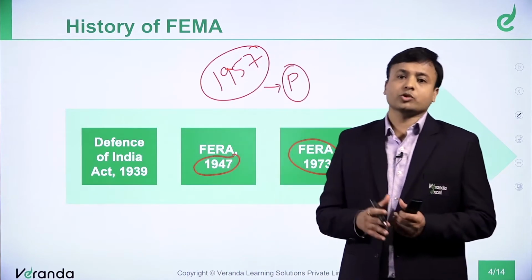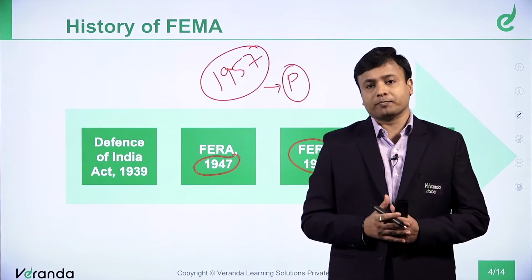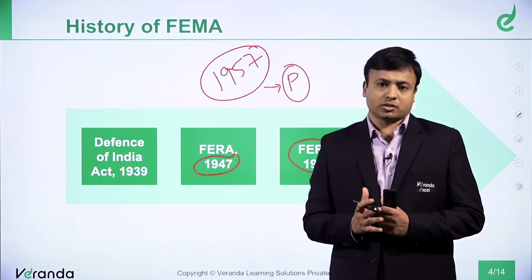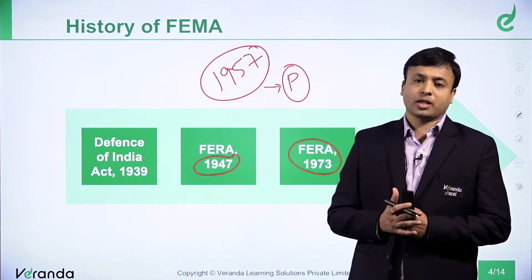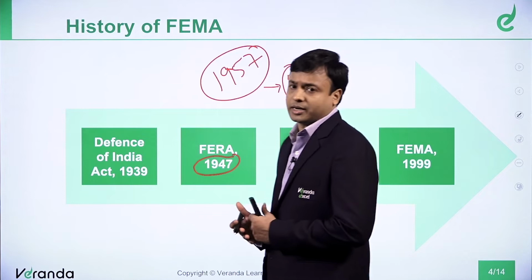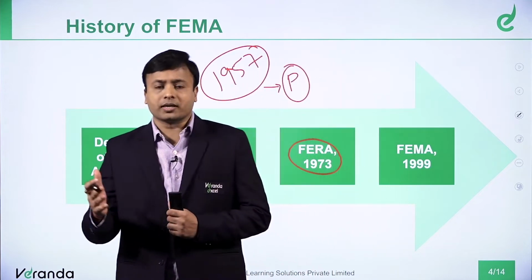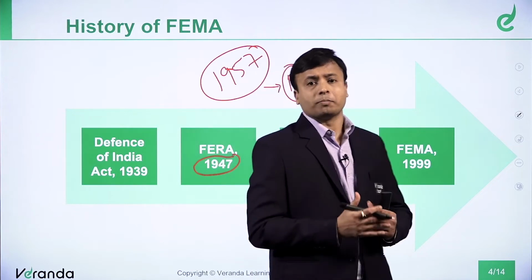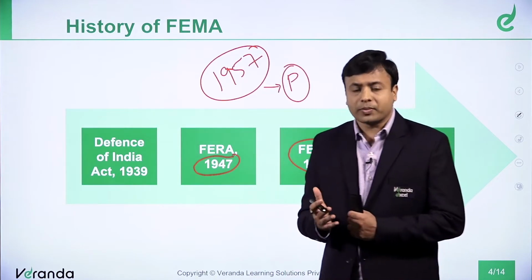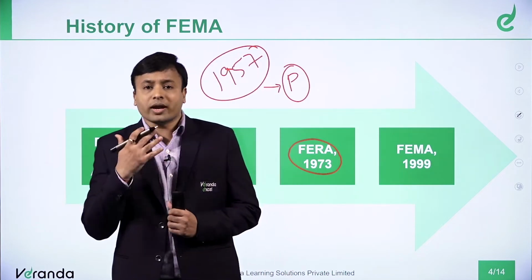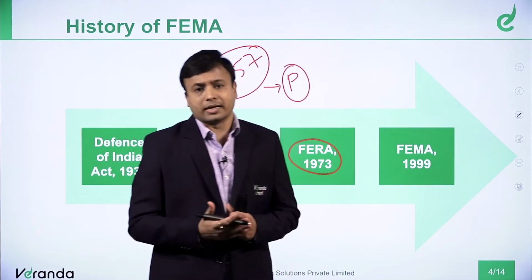This act had many very draconian provisions for the purpose of foreign exchange. Many foreign companies which were having operations in India during this period had to leave India and shut down their business because the provisions were so stringent. The provisions were so strict in this act that it was very difficult to continue doing business in India.